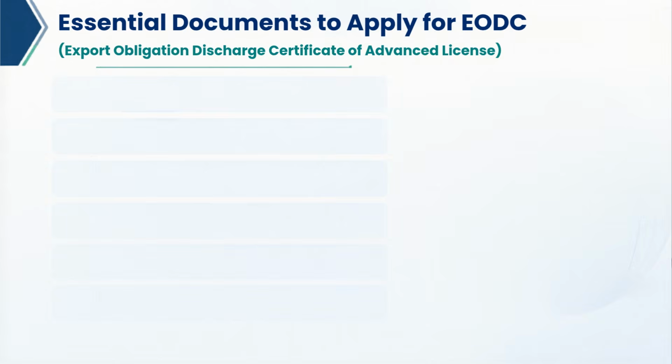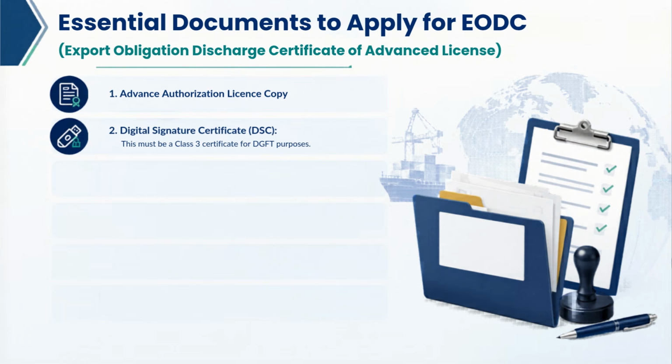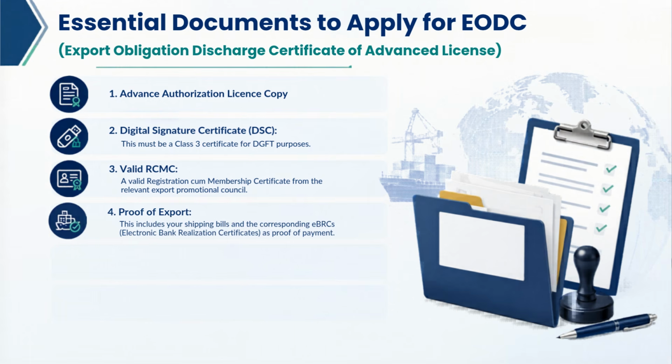First, let us list the essential documents you need to apply for EODC. Advanced Authorization License Copy, Digital Signature Certificate, DSC. This must be a Class 3 certificate for DGFT purposes. Valid RCMC. A valid registration-cum-membership certificate from the relevant Export Promotional Council. Proof of export.